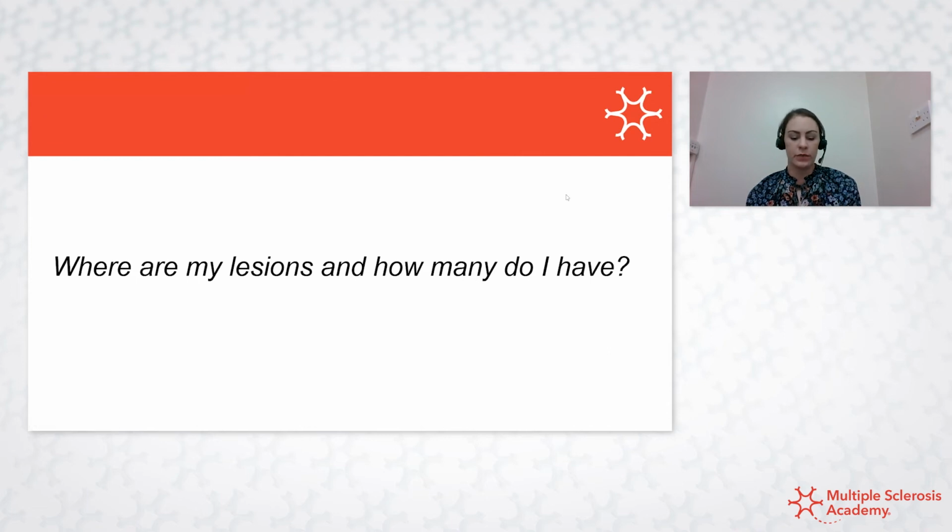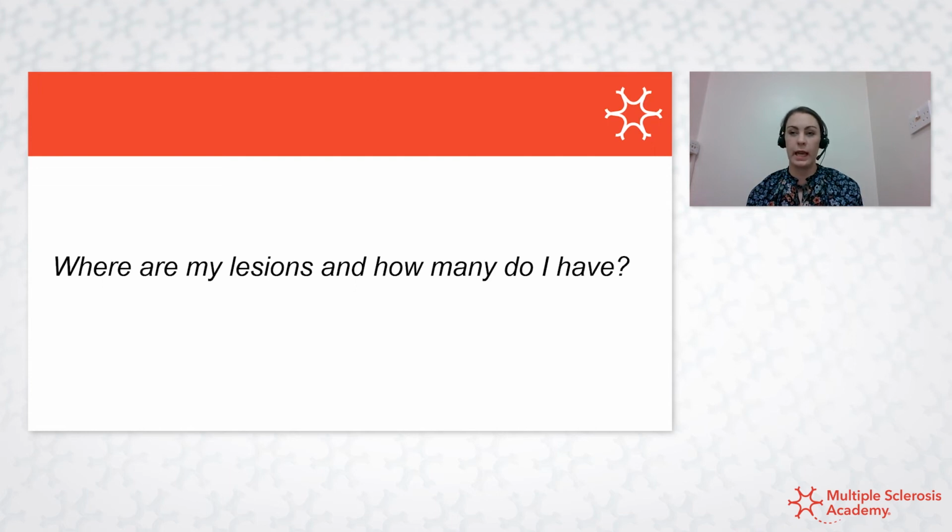I think it's really useful for patients to see their scans, and sometimes they do. I think Wallace, you said before that you tend to show patients scans where you can, so that they can also see exactly where the lesions are and how many there are. And it may help them if they're making a decision about disease modifying therapy.